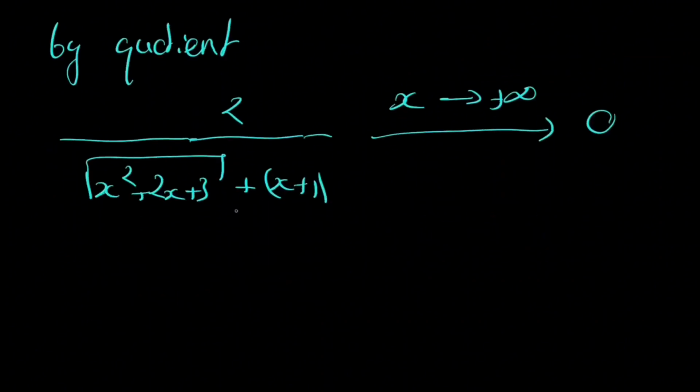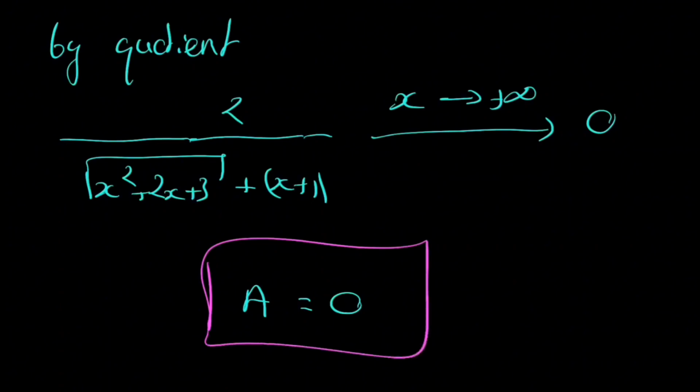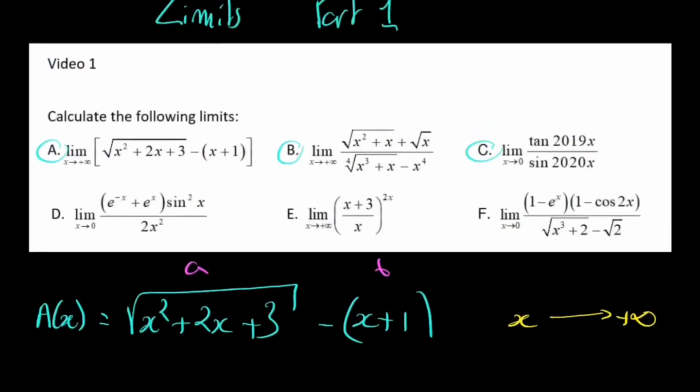And this thing here is our limit A, so A is equal to 0. Perfect. We are done with the first one.